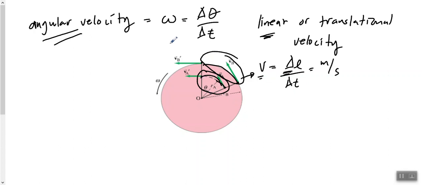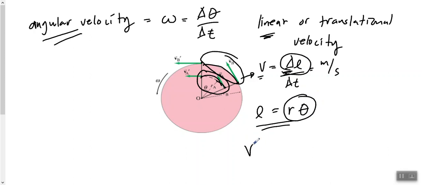Now we could relate this translational and rotational quantity. To find the arc length, that is equal to the product of the radius and the angle theta. If we go back to the previous concept, we could plug this in here. We now have velocity equals radius times theta over change in time.